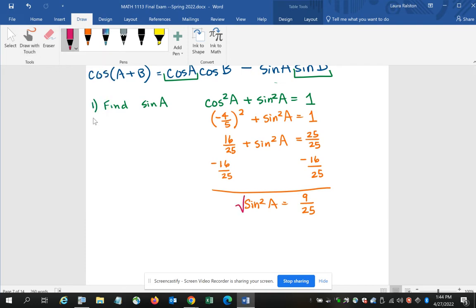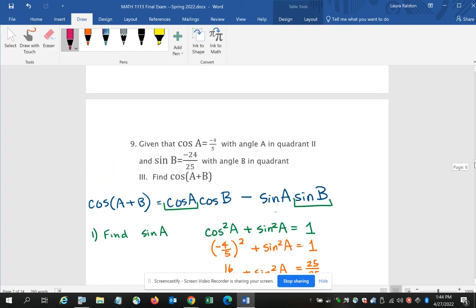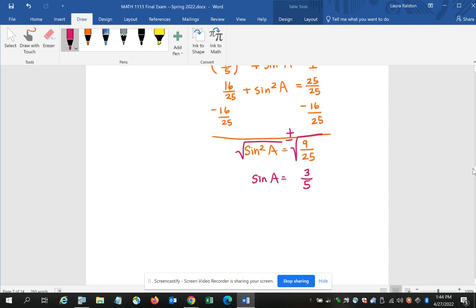So I'm going to square root both sides, noting it could be positive or negative. So I have sine of A equals 3/5. We were told in the original problem that A is in quadrant 2. So if you think about your coordinate grid, in quadrant 2 your cosine is negative and your sine is positive. So we need the positive 3/5. So here's sine A.